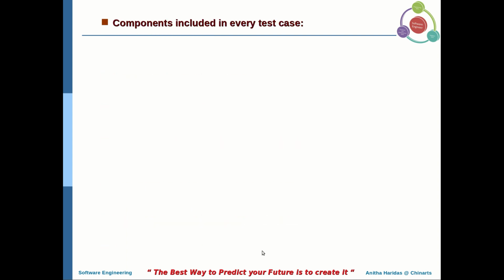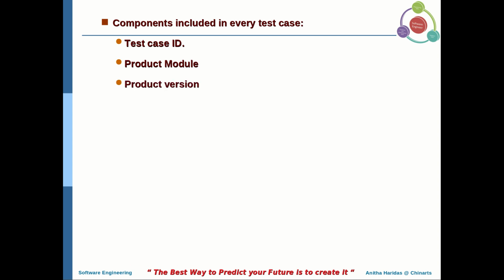Then, what are the components included in every test case? That is the next question. Every test case will have an ID. It will have a product module, in which particular module you are going to do this particular test.